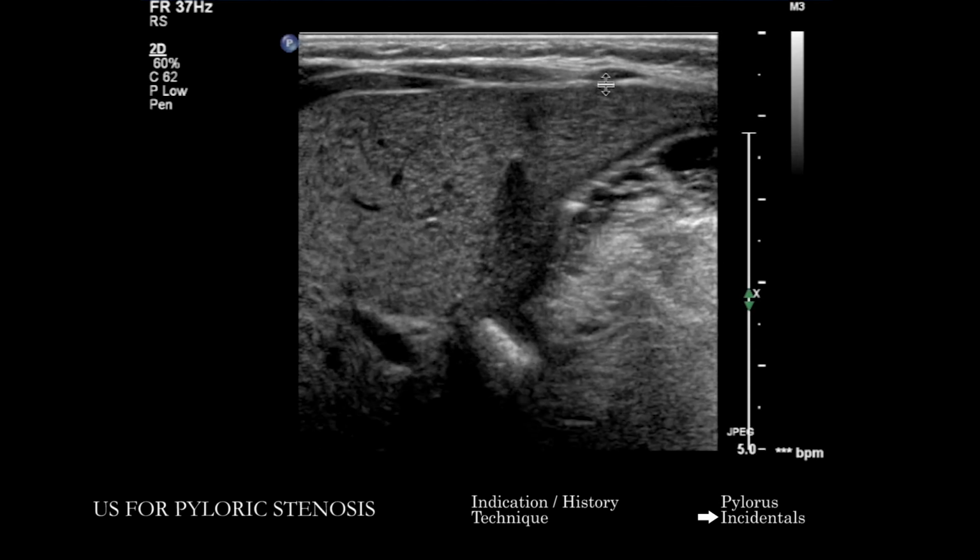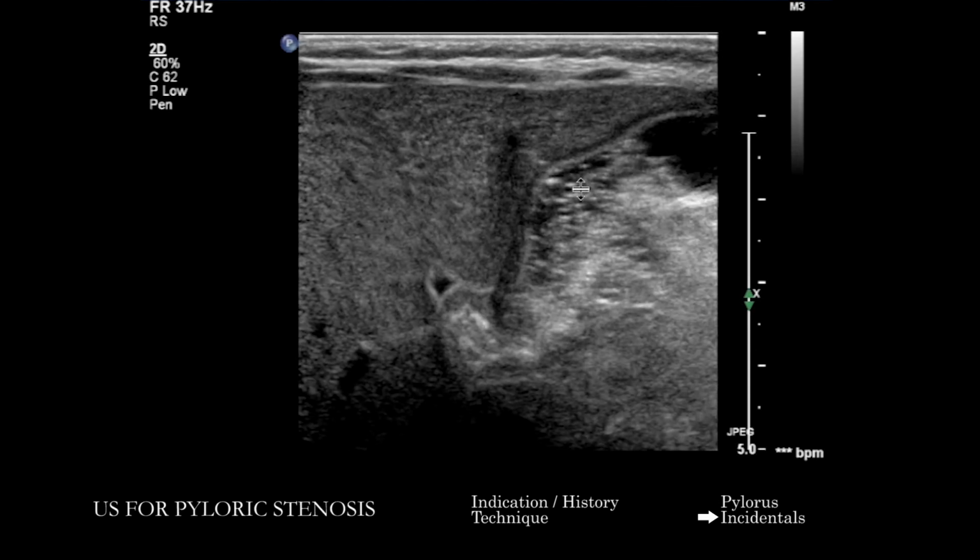And so even though this ultrasound exam is very focused on looking at the pyloric region of the stomach, in rare instances, you may see other pathology that could explain what's going on. Other things that may present like this are mass lesions, obstructions at other sites, a web.